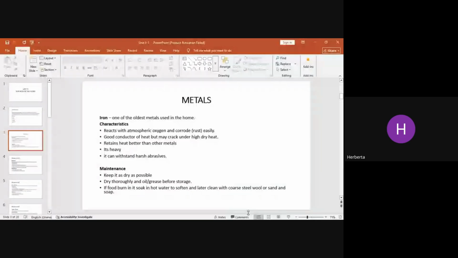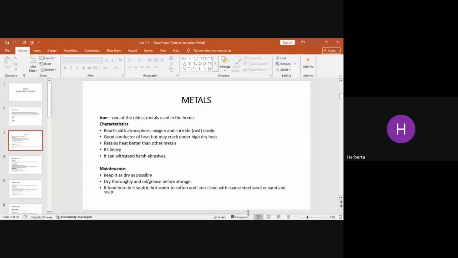So iron is one of the oldest metals. When we say they react with atmospheric oxygen, even when it is new and is left without covering, even without using it, it will rust, because it gets into contact with atmospheric oxygen day in and day out, and that causes the rusting, especially if it is not finished with another metal or with a non-metal covering.